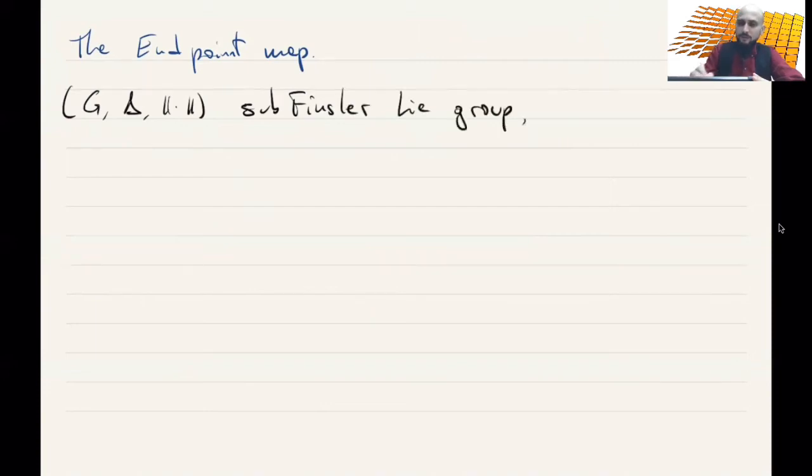And now even if it's not necessary from the beginning, we will think that the norm comes from a scalar product.